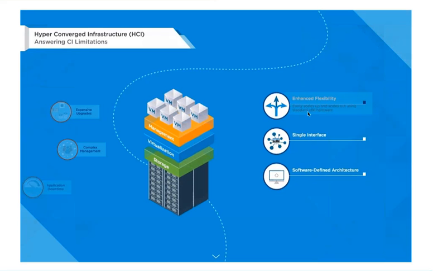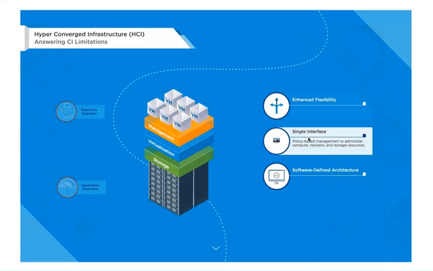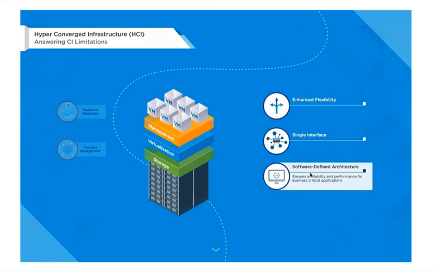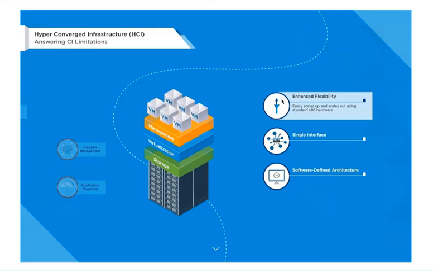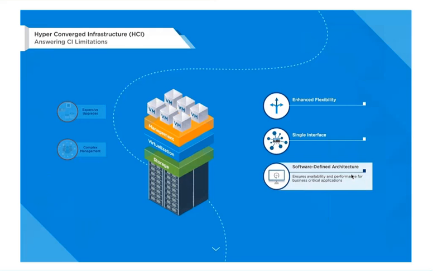And so you have each of these stories. You can see that every time you go through one, the corresponding pain point just goes away. If you say it's complex management, we say we have a single interface. If you say it was expensive upgrades, we say we have enhanced flexibility. If you say it was application downtime, we say we have a software-defined architecture.